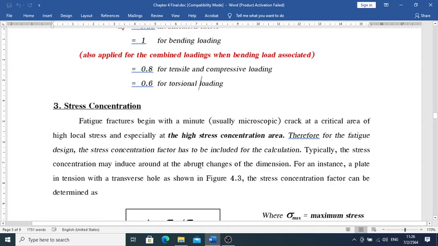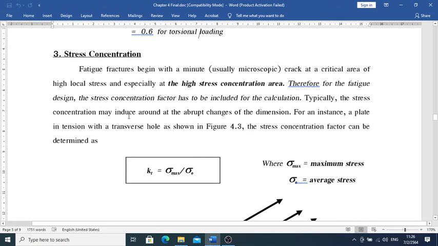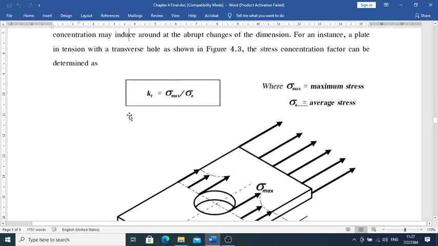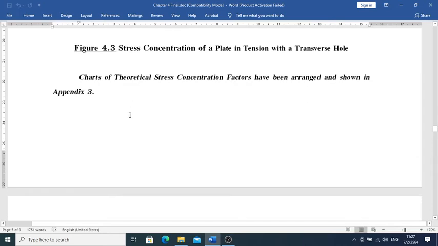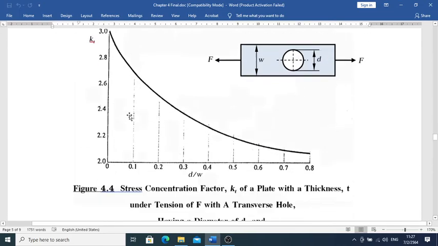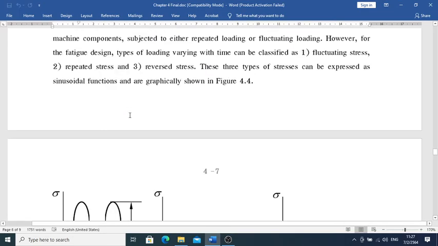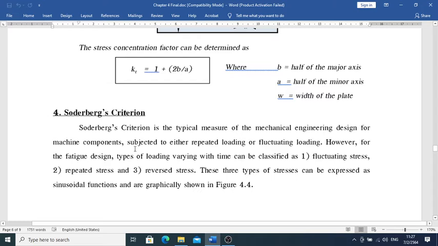And then stress concentration, I just talked about it already. K sub D is in the graphs at Appendix 3, at the end of the chapter in the textbook. Then the two things get wrapped up together.